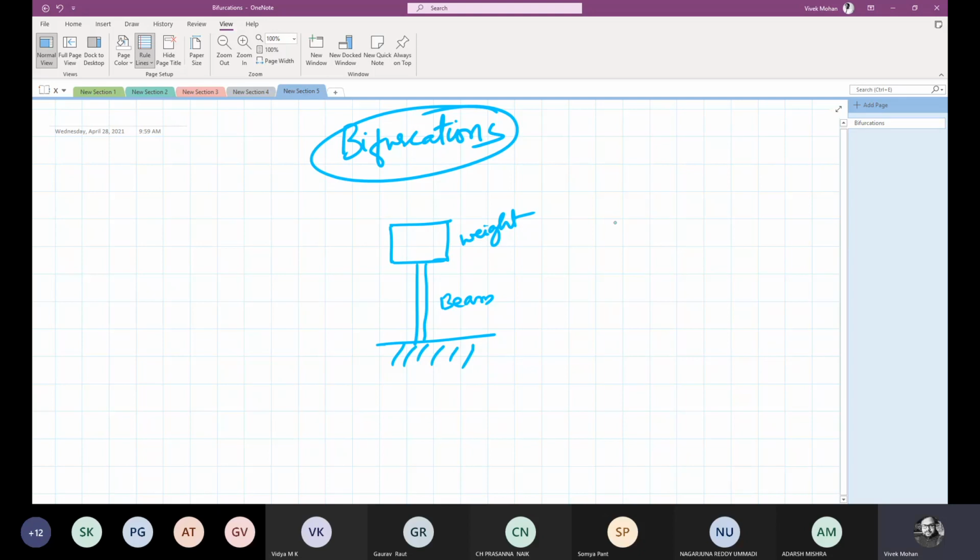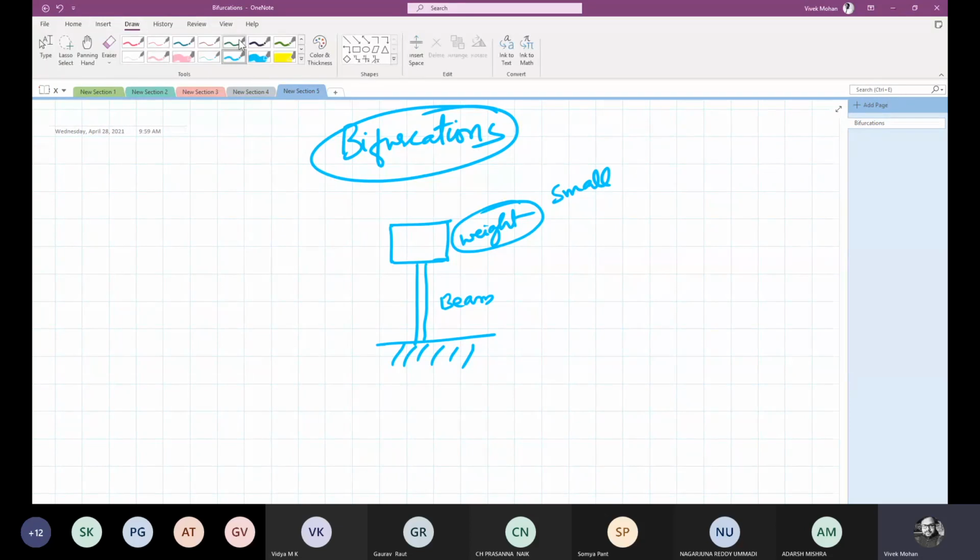Now if this weight is small, the beam will be sturdy, right? It will not bend.